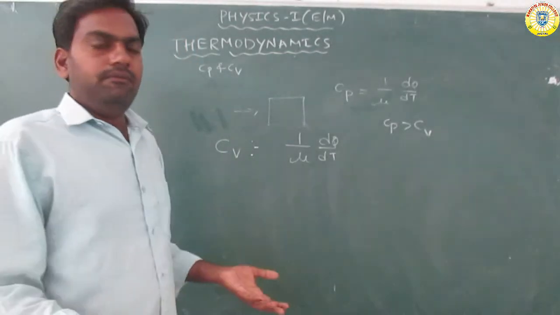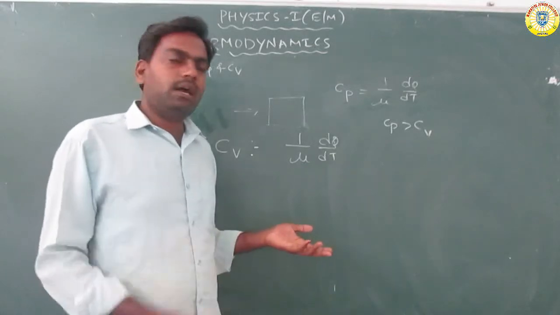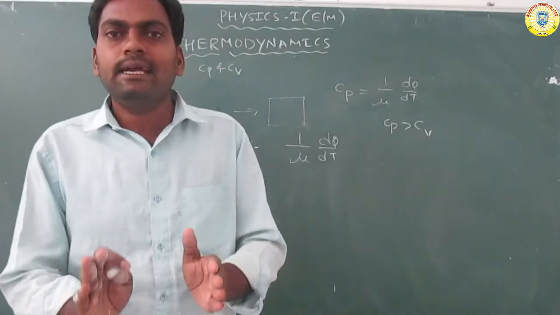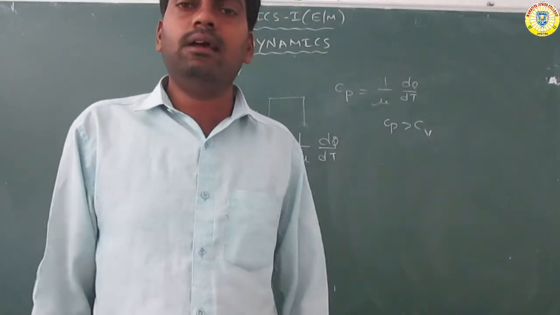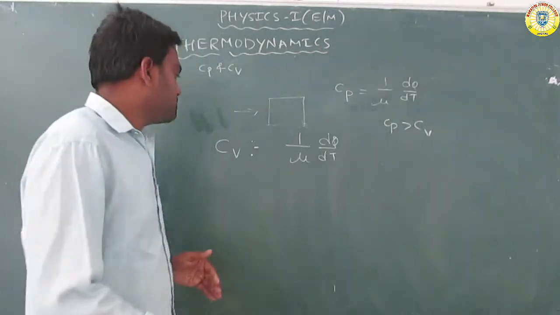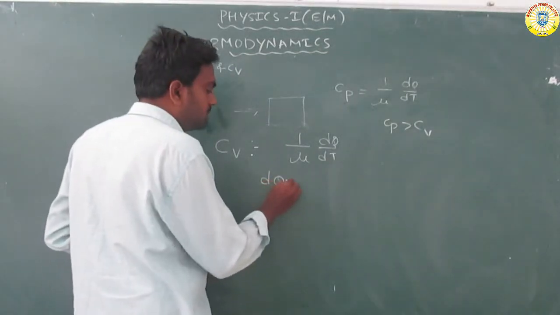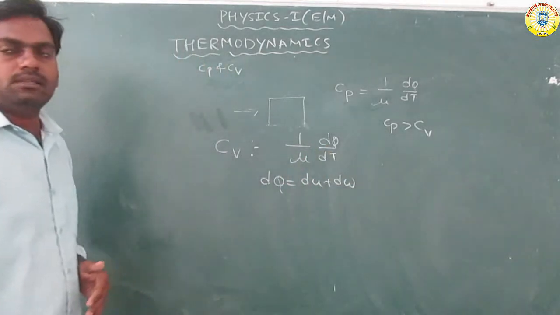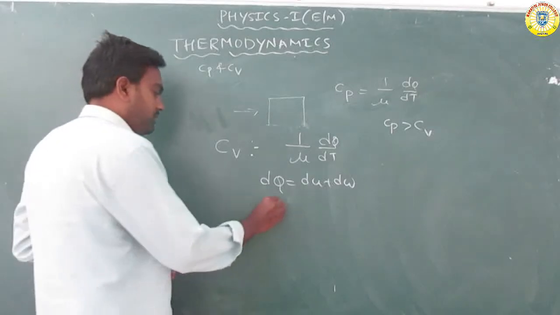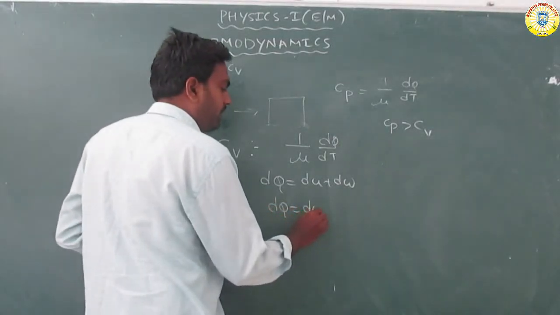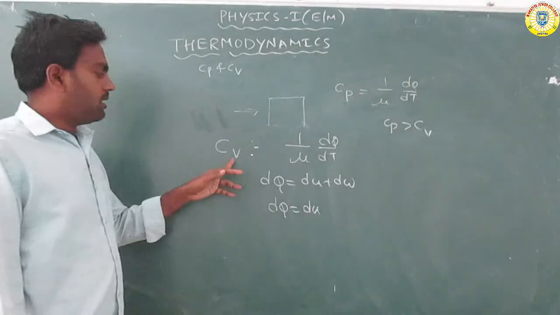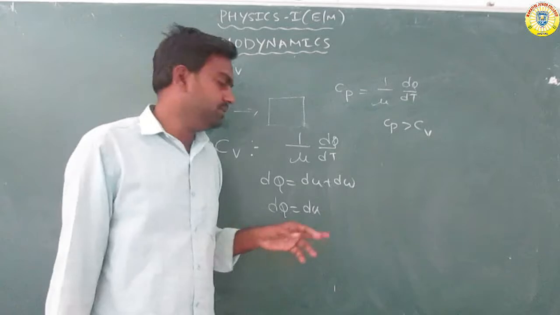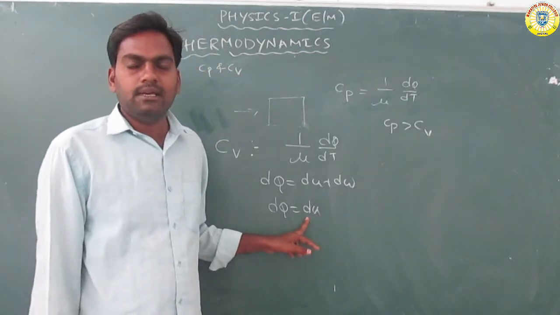So according to the first law of thermodynamics, dq is equal to du plus dw, but dq is equal to du here, because at constant volume there is no expansion, and the heat only increases the internal energy.